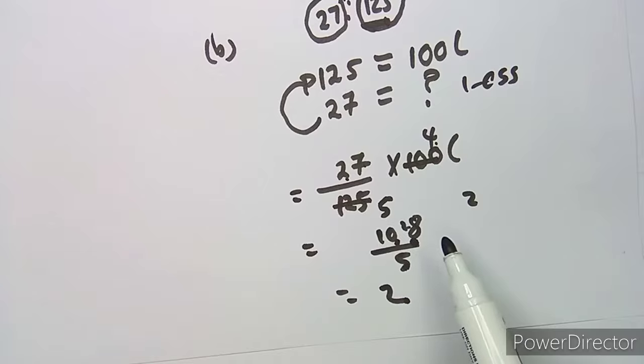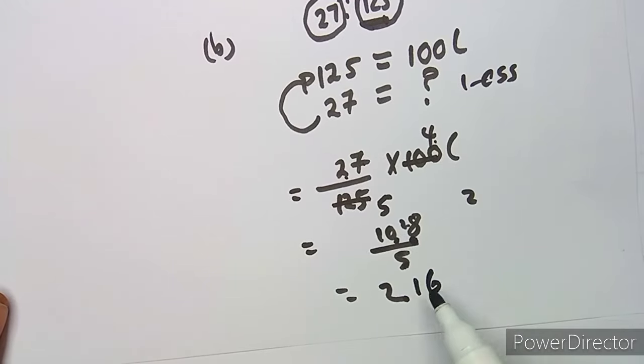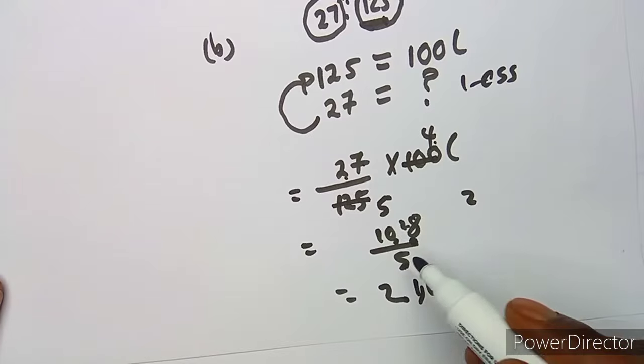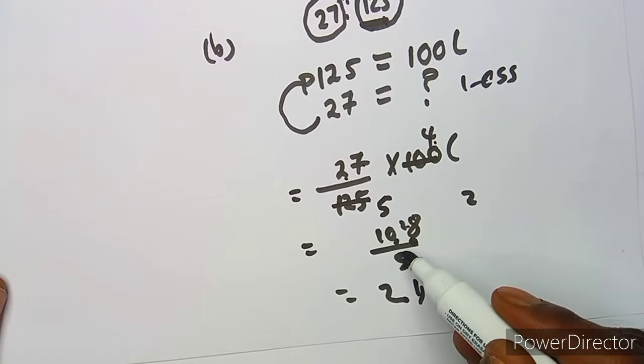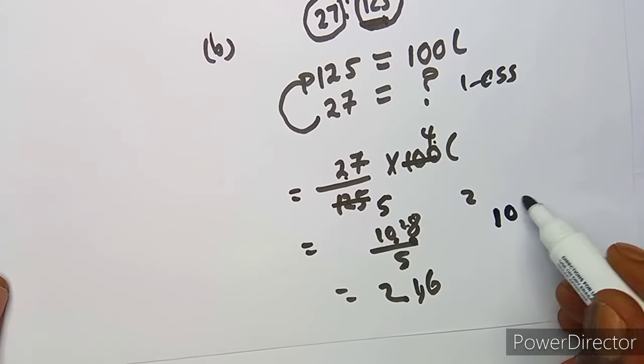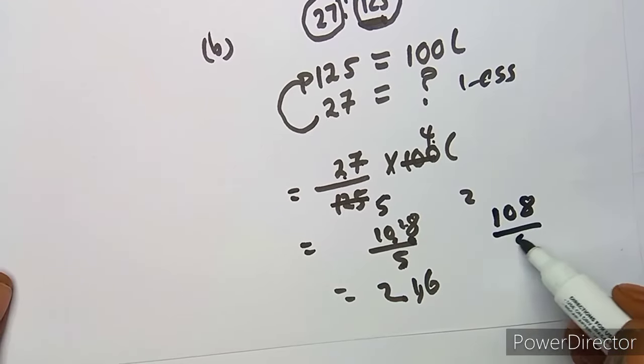All right, guys, so that is what we are going to have, and this is going to be 216, and how many decimal places are you going to have here? It's going to be 1. So let me just correct, this is actually 5 here, guys. All right, so this is actually 5, not 4. So this is 108. I was using it as 4, not 5.